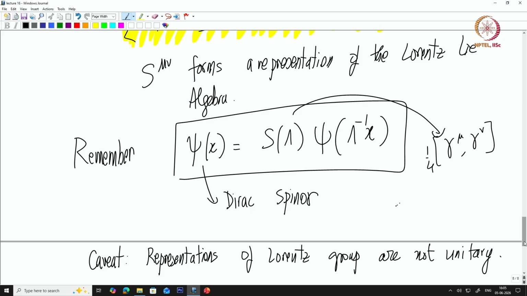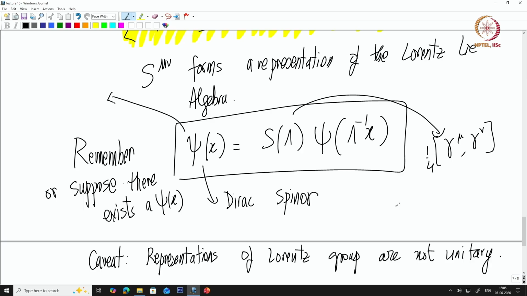Let us suppose psi of x is some object, a 4-component object which transforms like this under Lorentz transformation.